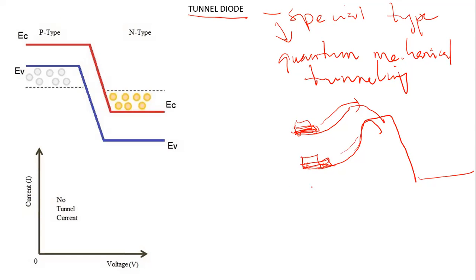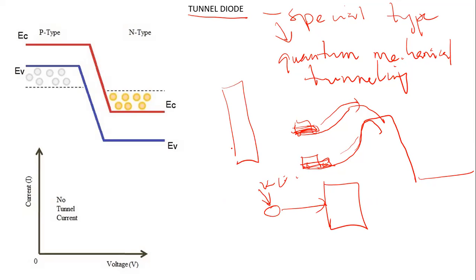Like in the case of, suppose you have a certain wall and you are throwing a ball at the wall. If the kinetic energy of this ball is insufficient to penetrate through this wall, this ball will never penetrate through it. But if you have a certain soft surface, like a spongy surface, and you fire a bullet, this lead ball coming out of your gun muzzle travels with a very high kinetic energy.